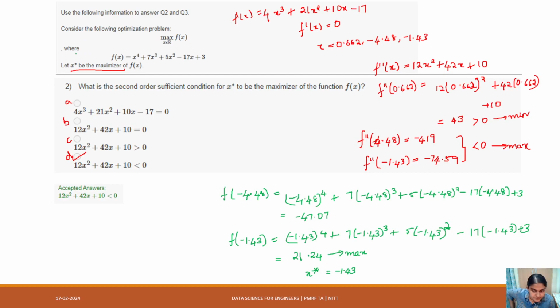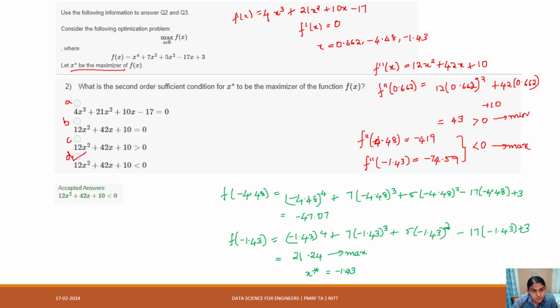Okay, so first was to find out what was the second order sufficient condition. So first order condition we substituted to 0 and we got these points for x value. Then we found out the second order sufficient condition, and we got it like this one.